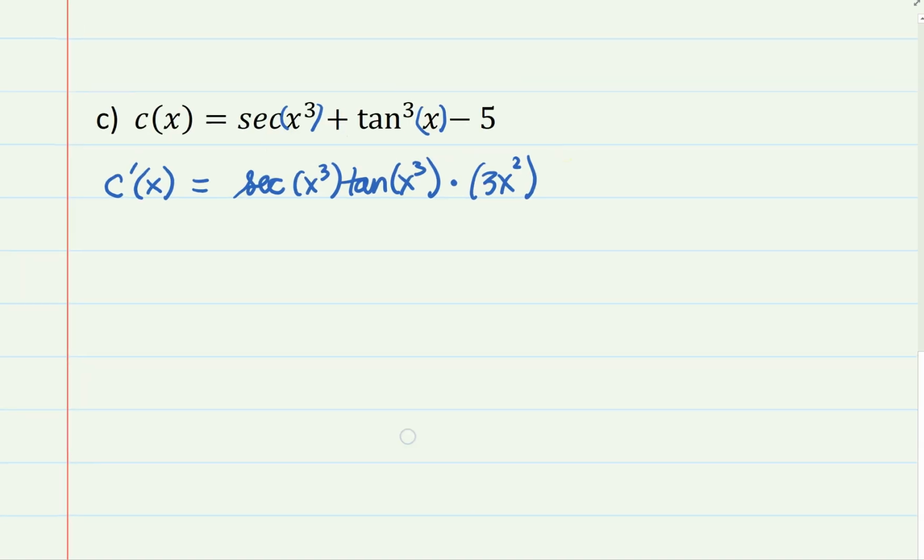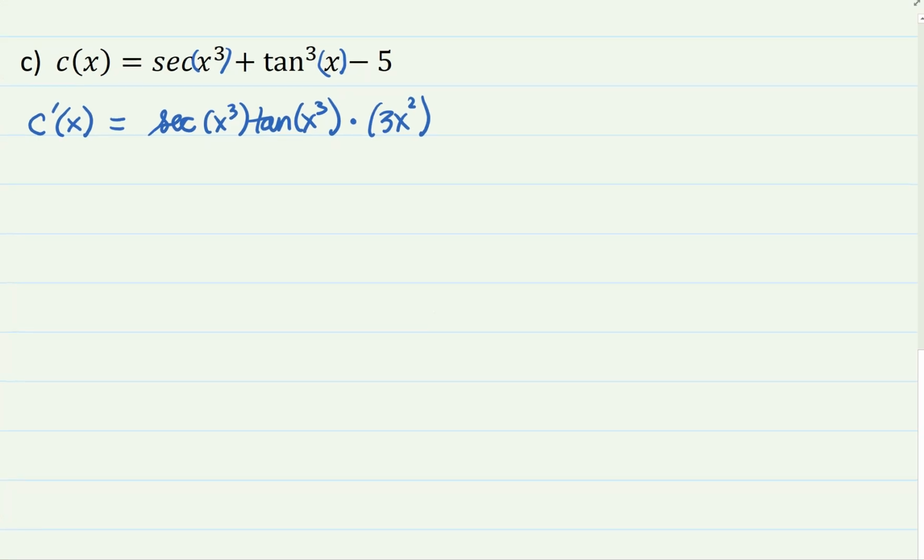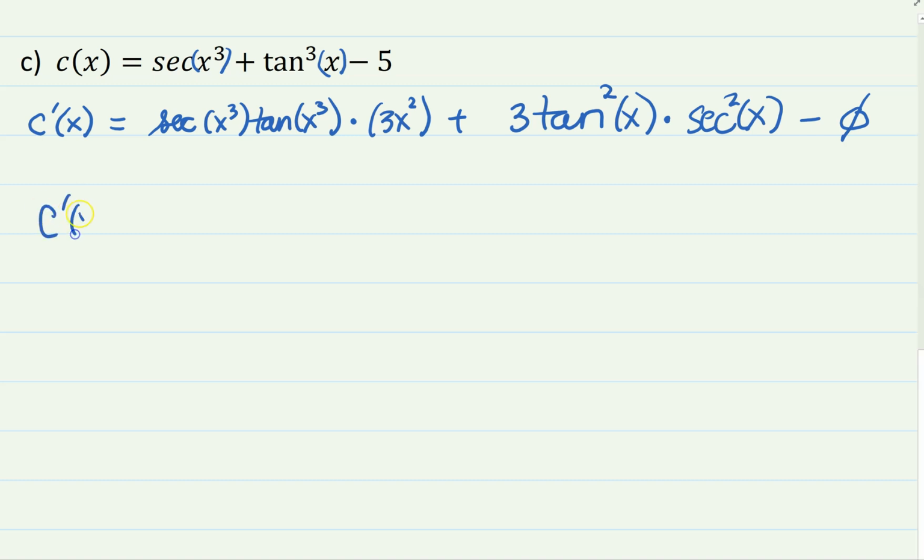The second term, we have the derivative of tangent to the third. So it would be 3 tangent squared of x multiplied by the inside derivative, which is the derivative of tangent, so that would be secant squared of x, minus the derivative of 5, which is 0. If we had to clean this up and simplify, maybe we can recognize something in common.